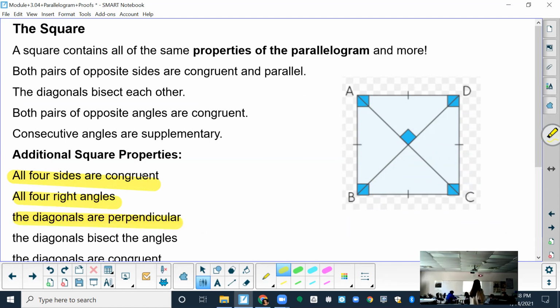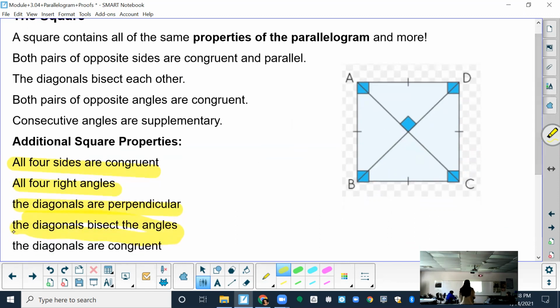Diagonals are perpendicular, so far it's also like a rhombus. The diagonals bisect the angles. And the diagonals are congruent. Not to mention that they have all the same parts as a parallelogram as well. Good so far?